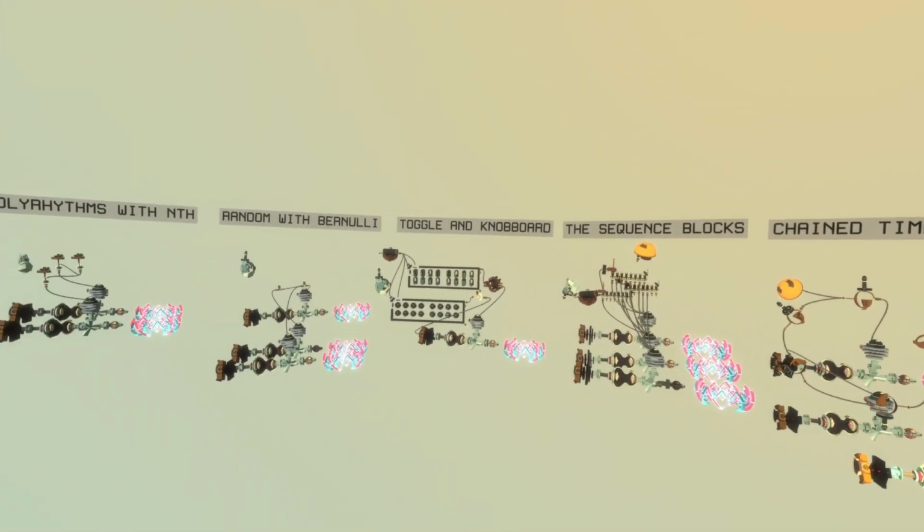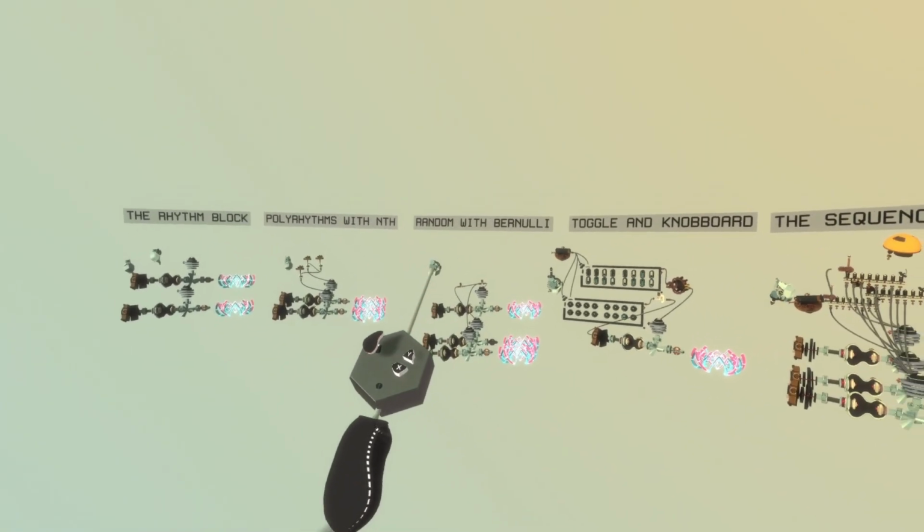For example, it could be really fun to combine the Bernoulli block with the sequence blocks or the chain timers, or maybe even the toggle and knob boards to get a bit more of a controlled randomness vibe going. But it all depends what you're into.